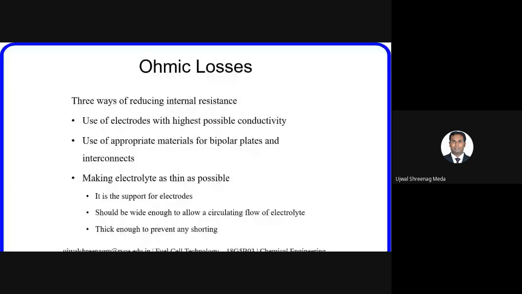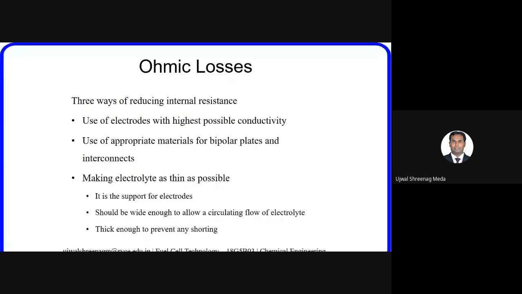And next is making the electrolyte as thin as possible. The thinner the electrolyte, the lower is the resistance offered for the flow of ions. But at the same time, the thickness of the electrolyte should not be so little that it will lead to short circuiting.